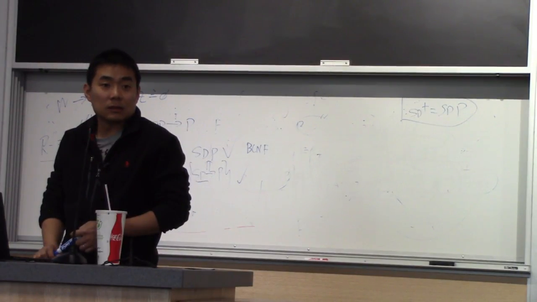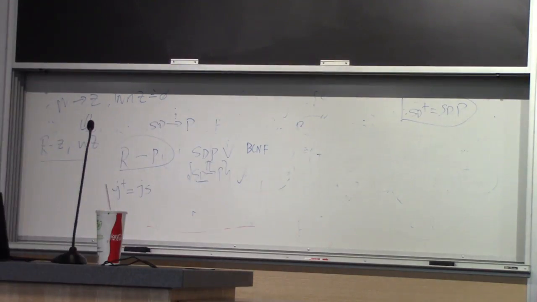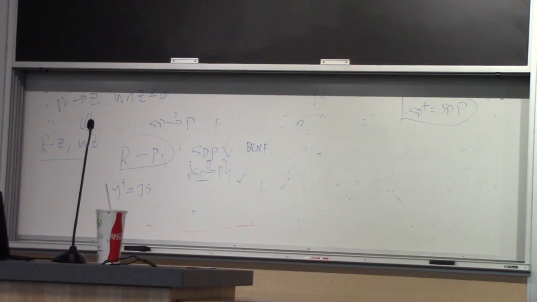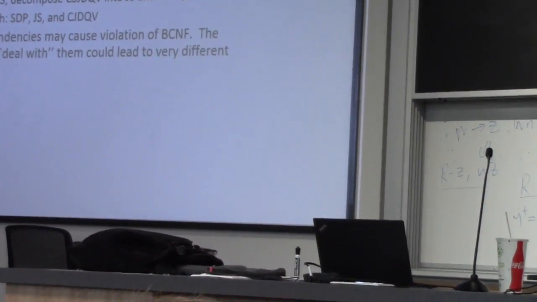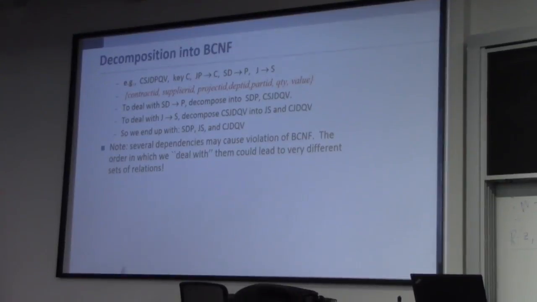Right? So you end up with this. So we end up with these three schemas. Then we're done. At this point, we're done. Why is that? SDP is in BCNF, because the only functional dependency with respect to that is SD determines P, which is okay, as I argued.